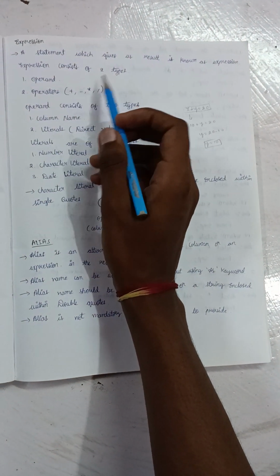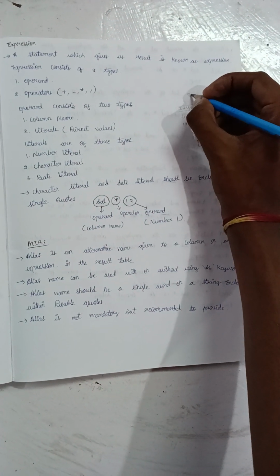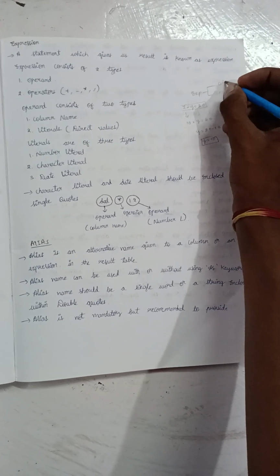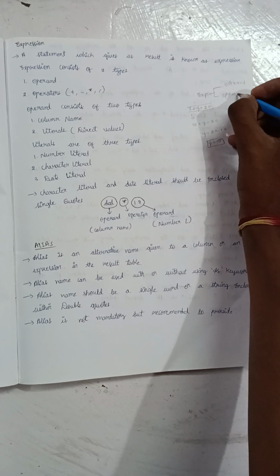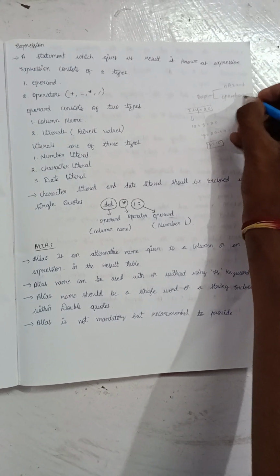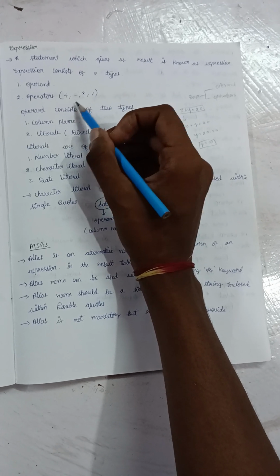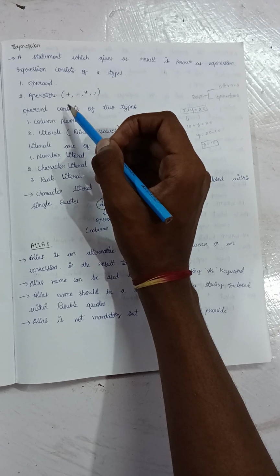Expression consists of two types: operands and operators. Operators, as we know, are plus, minus, multiplication, division; all these are operators, which we use in other languages also.